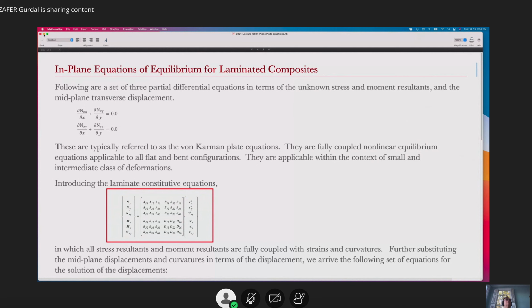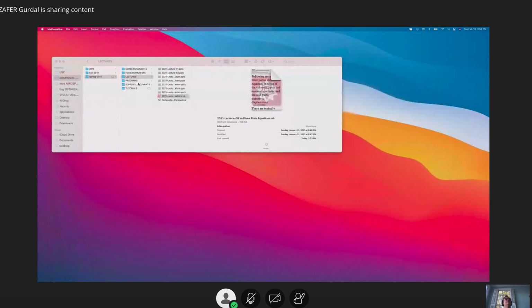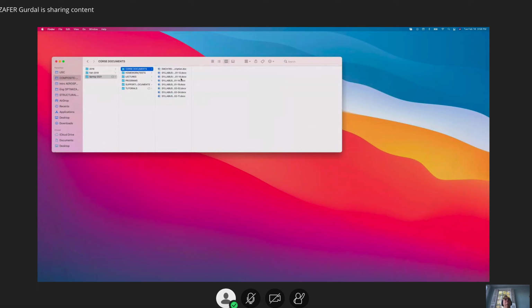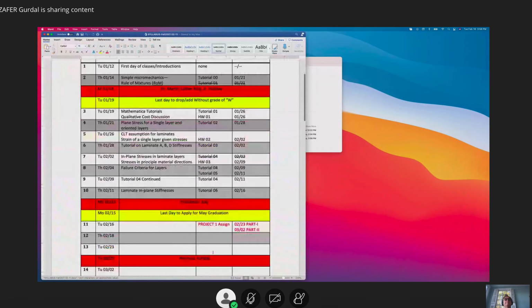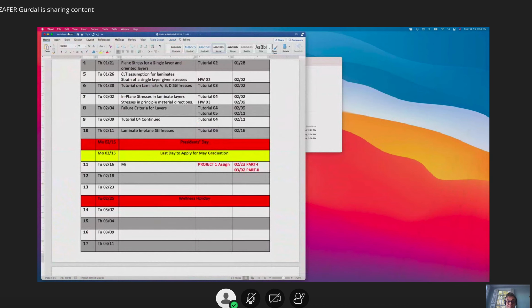The only other thing that I can show you, let me do that. I forgot to edit the course document, and that probably is still 11th. Cylindrical bending.